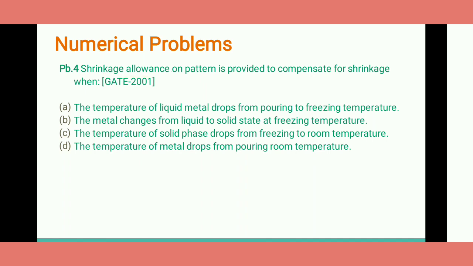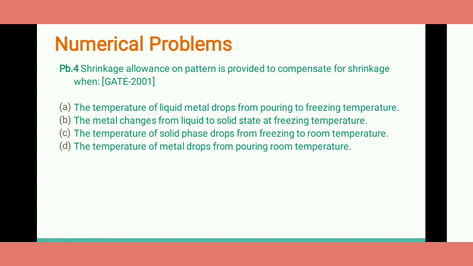On the pattern means it is talking about the casting, because whatever contraction is there will be in the casting, so that will affect the dimension of the pattern. So what are the shrinkage allowances affiliated with the casting? Solidification shrinkage or solid contraction.